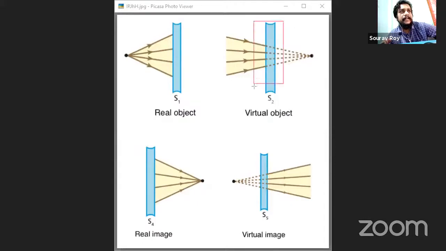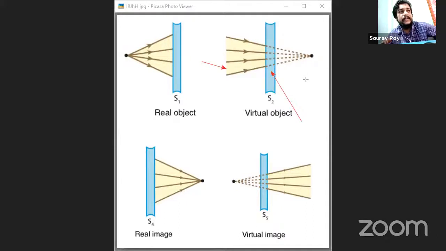Because the surface was in the middle, and these rays which I'm focusing on now, these were the rays that were about to fall somewhere on a screen, but unfortunately a surface came in the middle which did not allow them to pass.